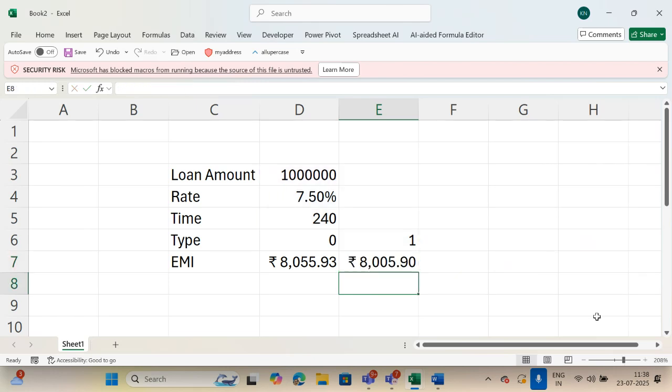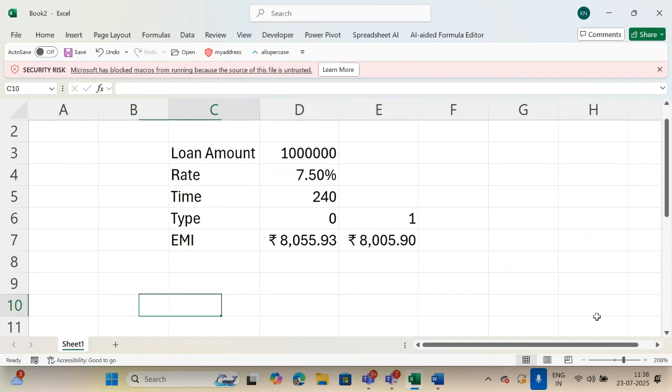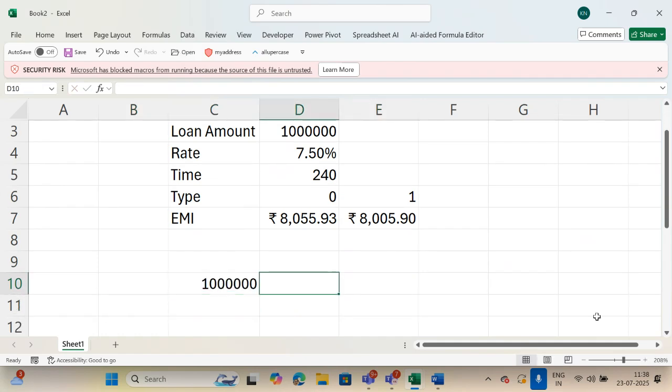How? See, your principal amount is 10 lakh rupees, and as an EMI you are paying this amount, you can take it from here. This is your EMI. Now, what is the interest? Because EMI is a combination of principal and interest, definitely interest is added to this EMI.